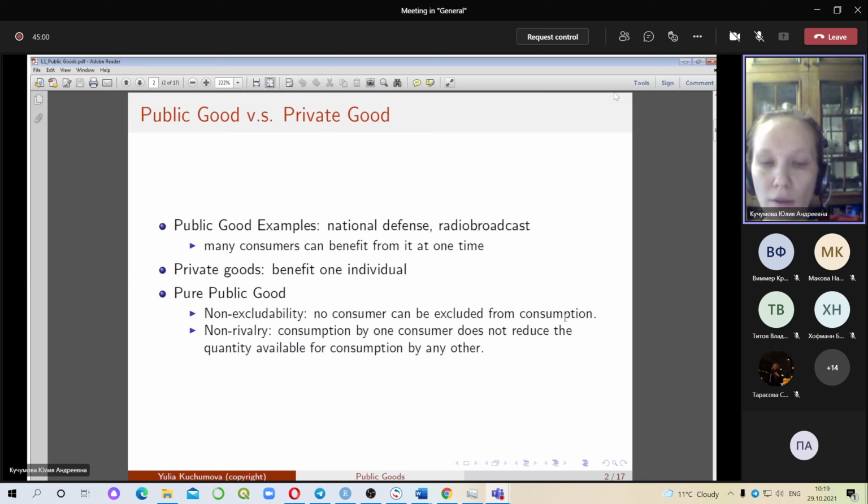So, the first one, non-excludability: if there is an open air radio broadcast, everybody who is outside can consume it, can hear it.